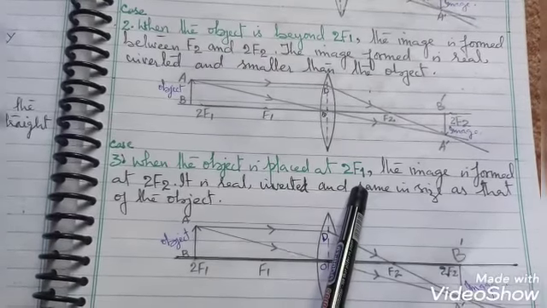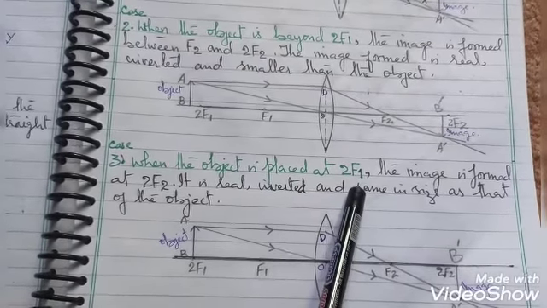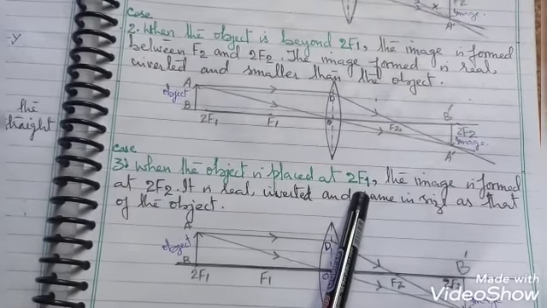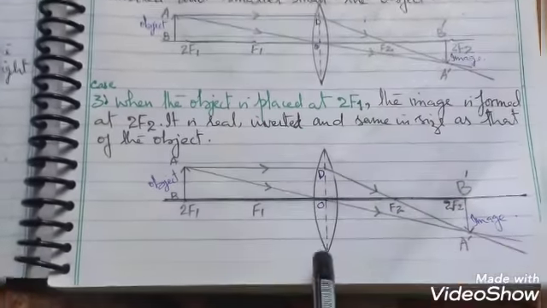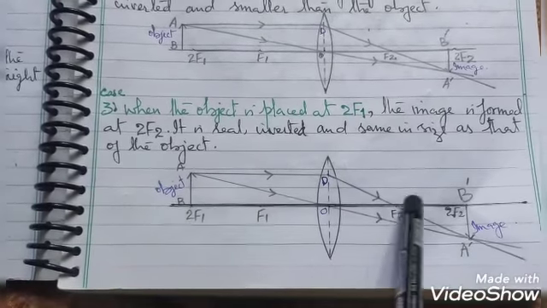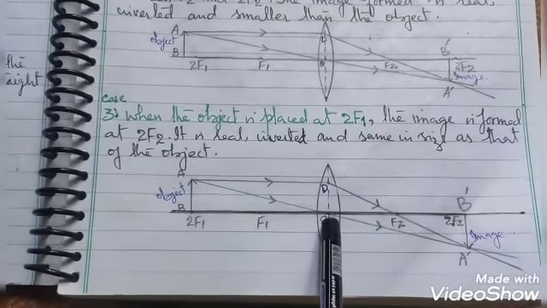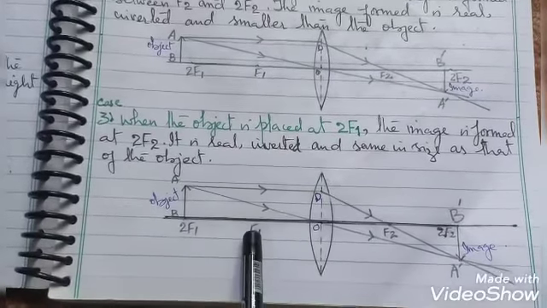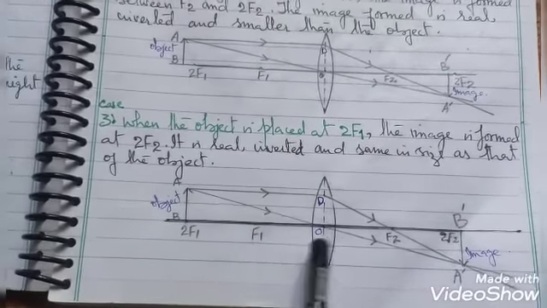Here this 2f1 means that the object is placed at a distance equal to twice the focal length of the convex lens. In this figure, this is a convex lens. This straight line is its principal axis. This center point O is its optical center and f1 is its principal focus.